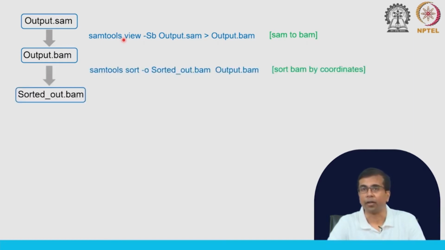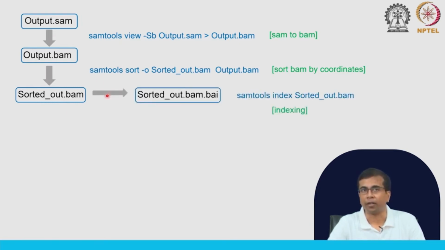Then we did the sorting using the command samtools sort. You have to specify the options, the output file name and the input file name, and this will sort by coordinates, which is the default sorting. It sorts by the coordinates or positions of the mappings, and this gives you the sorted out.bam.